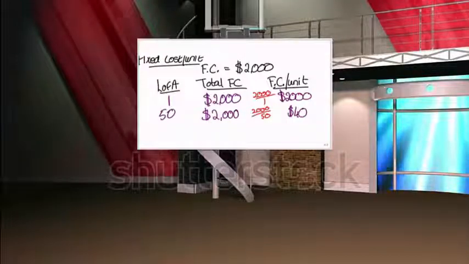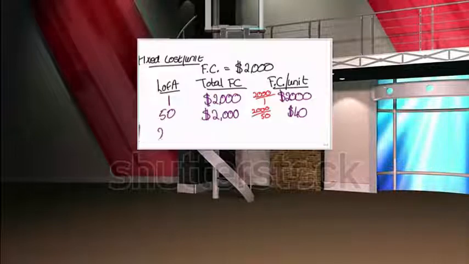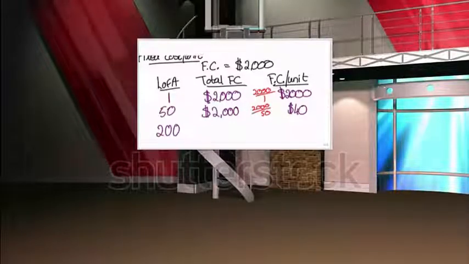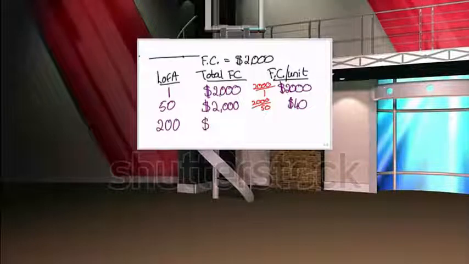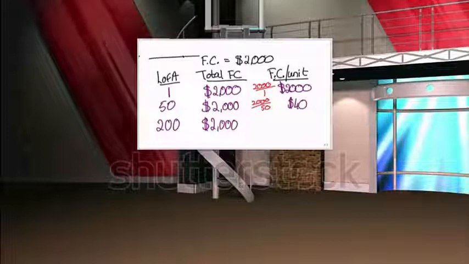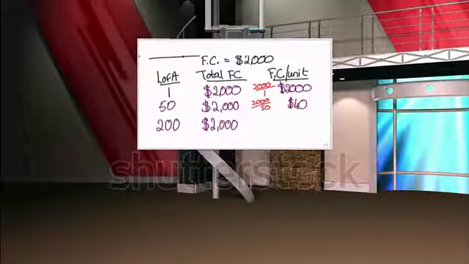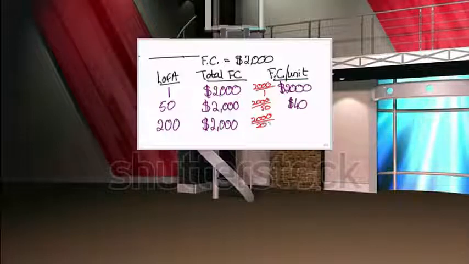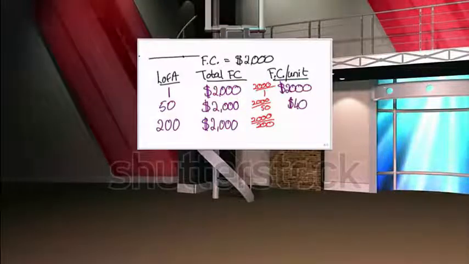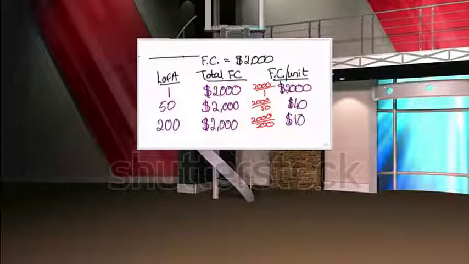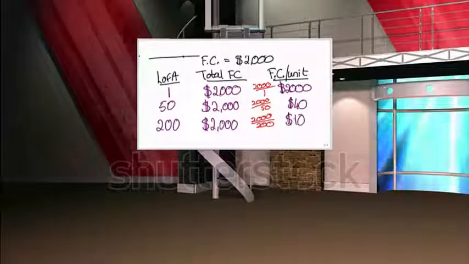Let's do one more. If we increase our level of activity again to 200 units, total fixed costs will remain unchanged, and our fixed cost per unit will be 2,000 divided by 200. So we get 10.